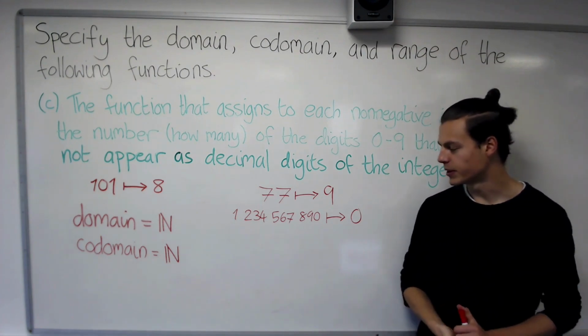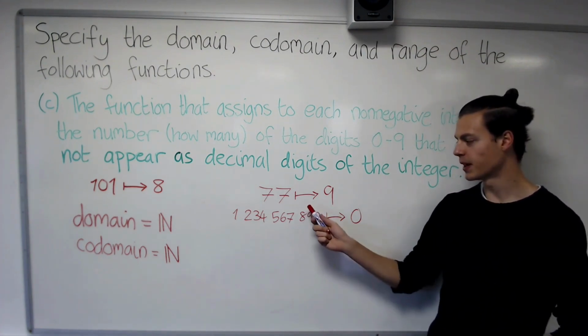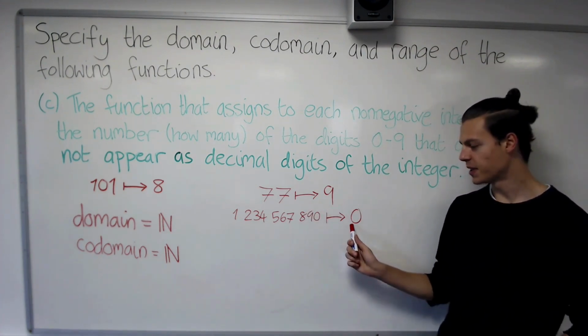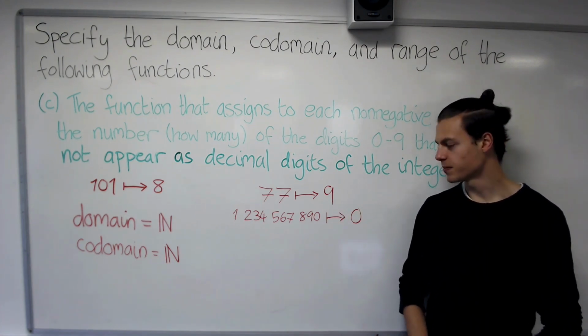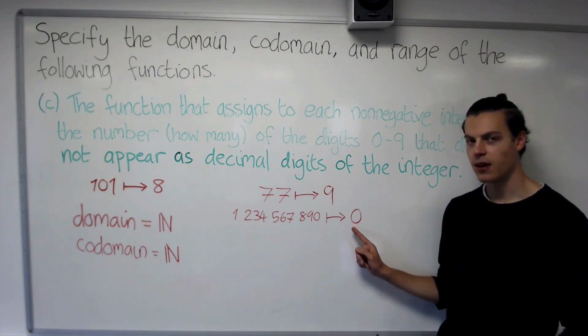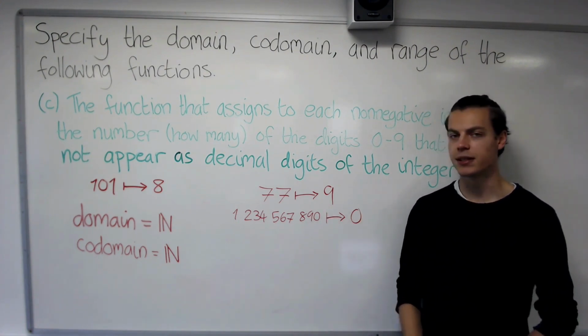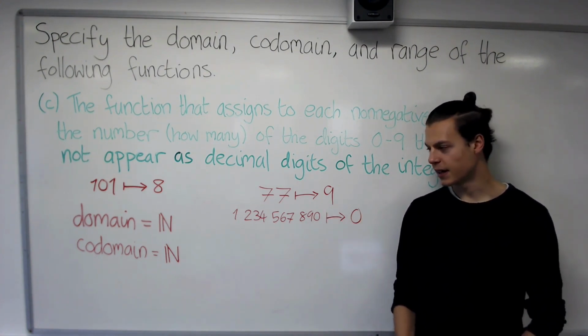And it is not difficult to think of more examples that will give us every number between 0 and 9. So the range of this function is the set of non-negative integers between 0 and 9 inclusive.